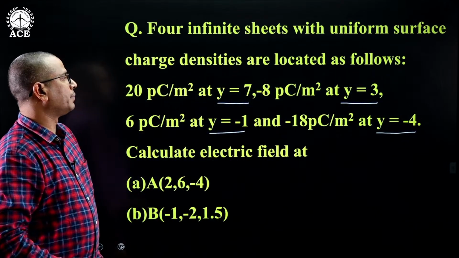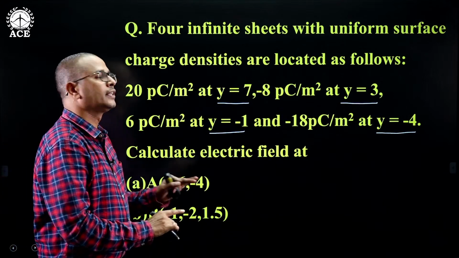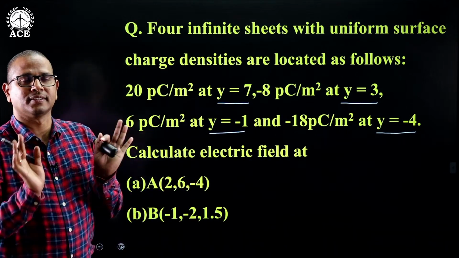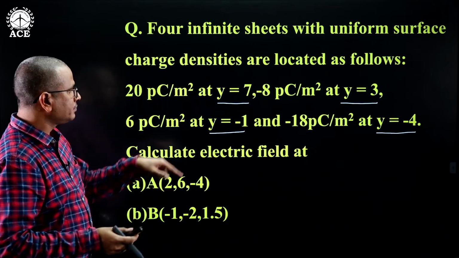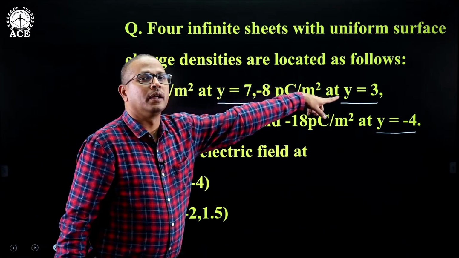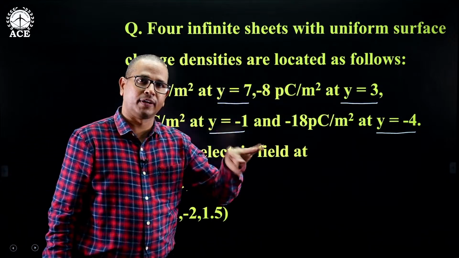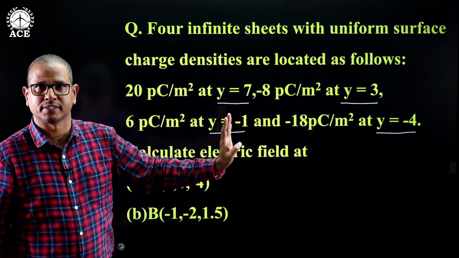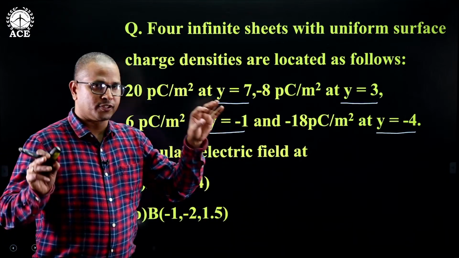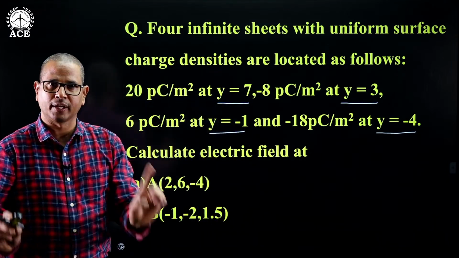Fortunately, in this example, they have given all the sources at y equal to constant. Sometimes in the exam, it can be y equal to 7, it may be x equal to 5, it may be z equal to 6, they will give different constant surfaces. Don't worry about it. Check carefully where the sheets are located.